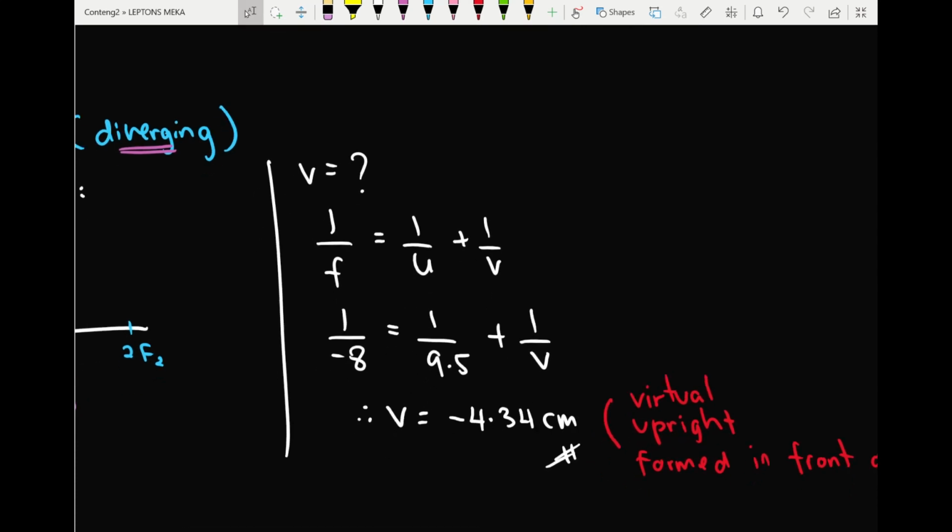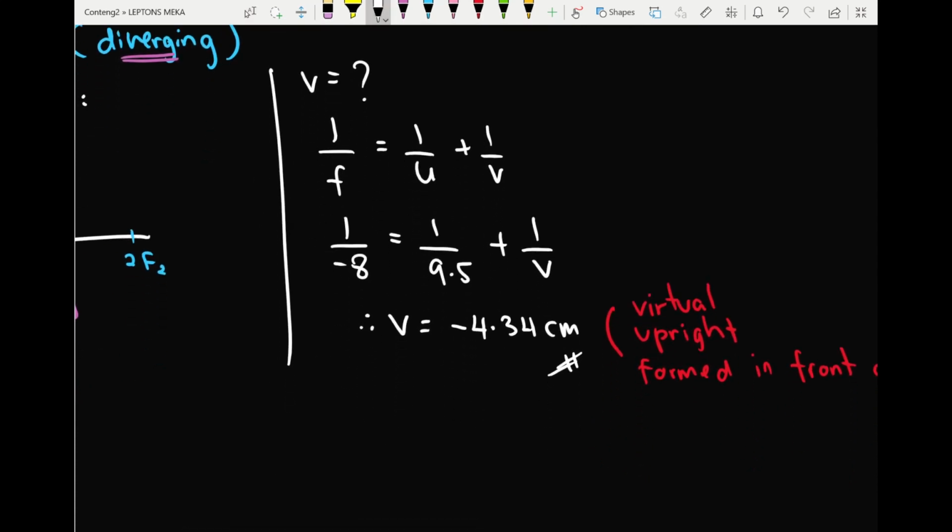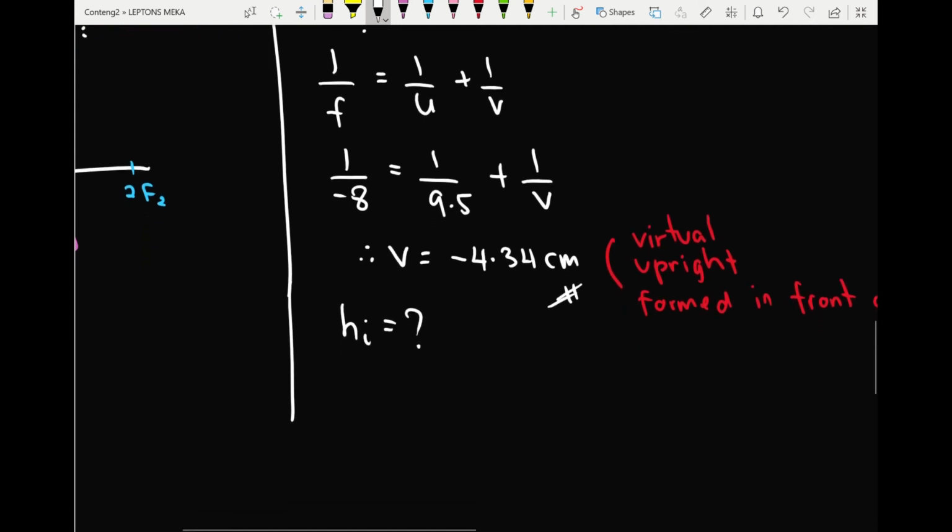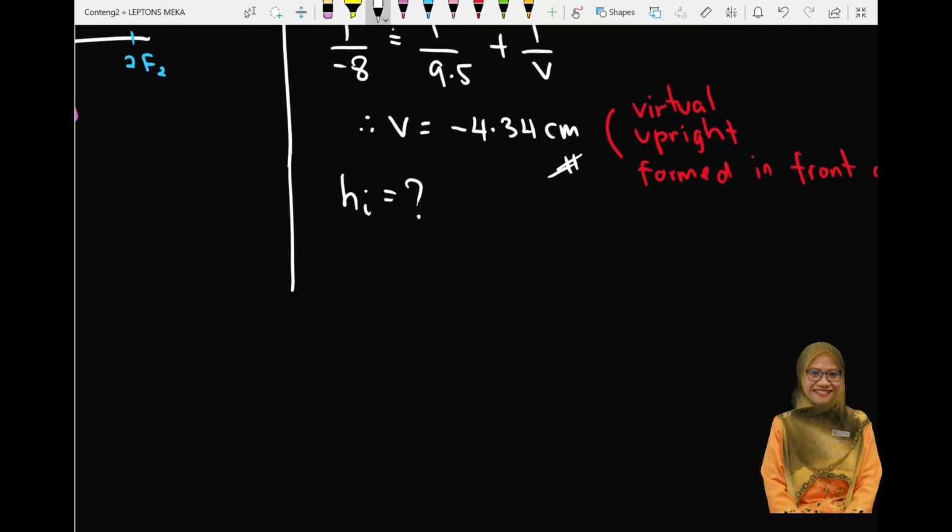Now look at the height of image. Okay, then how to find the height of image? As usual, we use height of image over height of object equal to negative V over U. So height of image over 2.5, the height of object, equals to negative V. This one, negative V is compulsory.